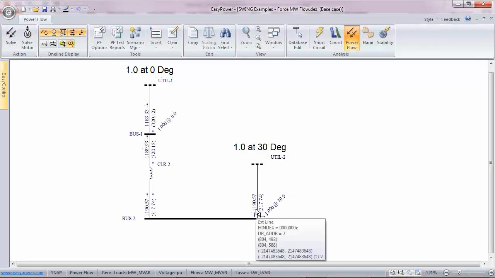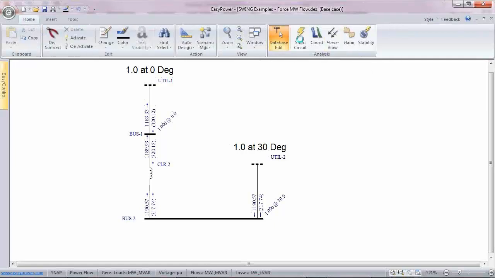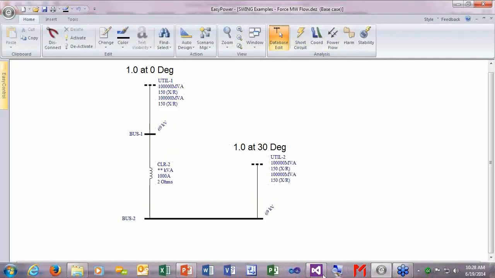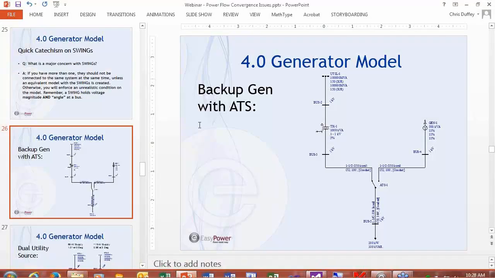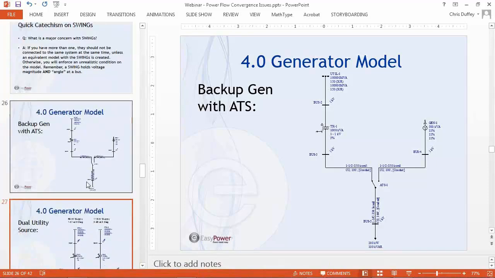So this is 1200 megawatts flowing through this reactor. It seems a bit extreme, but hey, it's solved because I forced the voltage here and I forced the voltage here. Basically, these are set. Look, one at 30, one at 0. My answer is just a calculation of flow at this point. You'll find that there were no iterations at all in that solution. Okay, let's go back to the slides and continue.